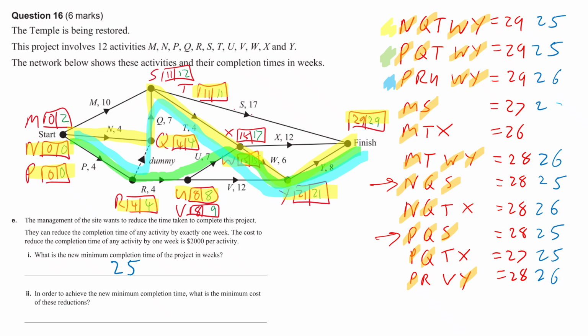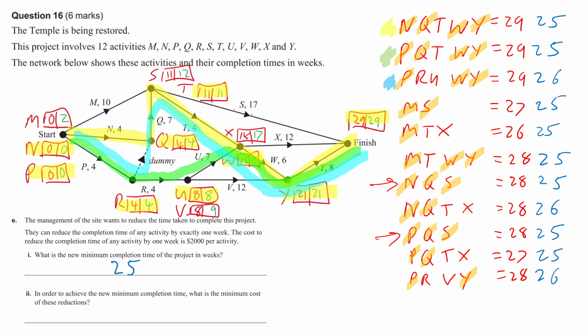Gotta make sure the shade of blue is the same. There'll be complaints. Now that's 25. So we don't need to crash anything more on that. This is now down to 25. And then we just need to crash a couple more to get the other 26s back to 25.